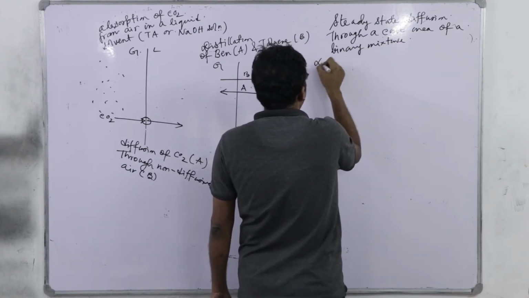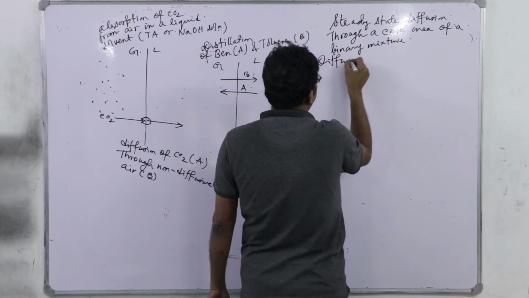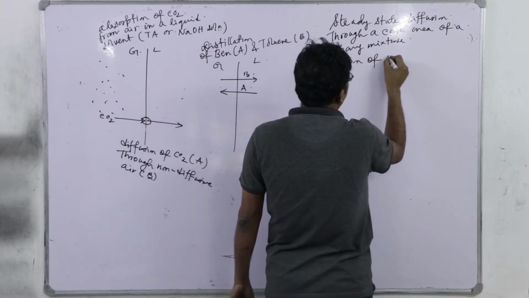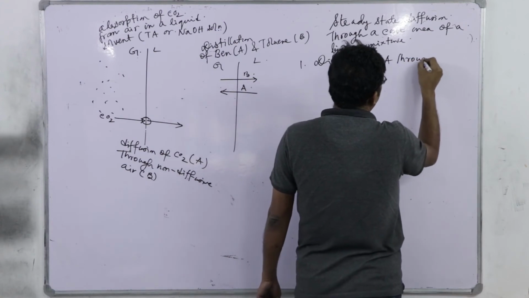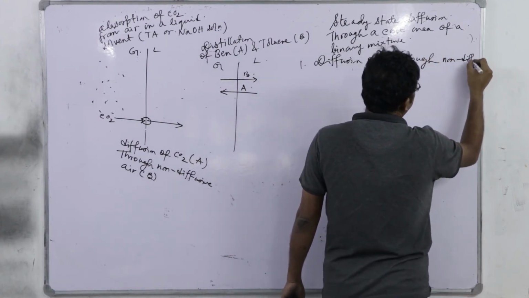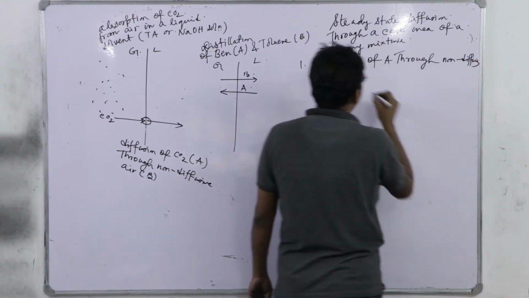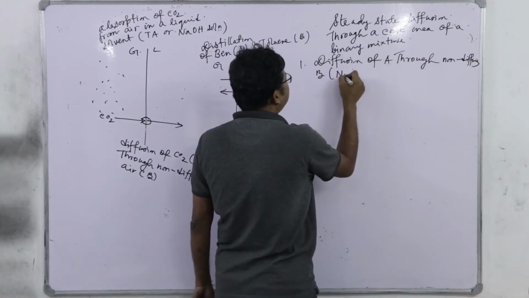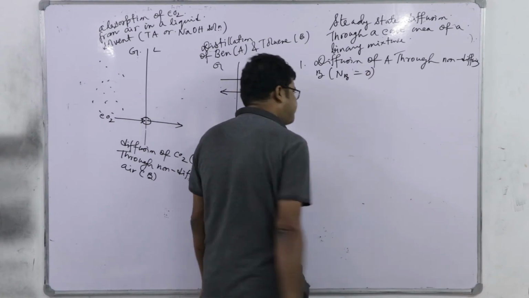First, diffusion of A through non-diffusing B, that is NB equal to 0.